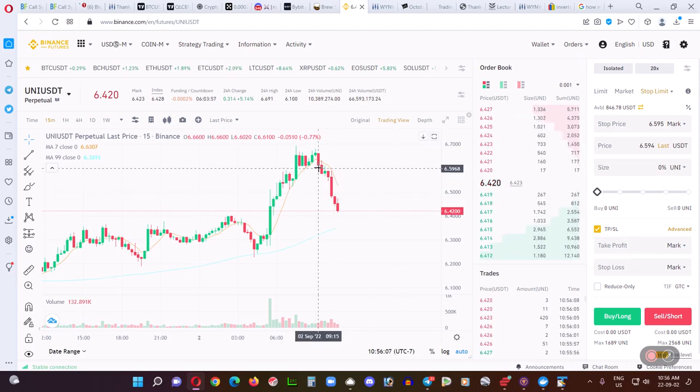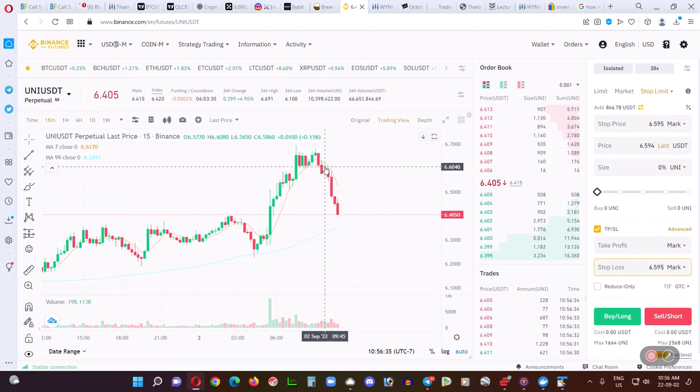So my short would have been right here at 6.595, right about there, approximately. And then what I would have done is I would have waited a few minutes, and then I would have watched it go down, and then I would have set my stop loss as my entry price, 6.595.